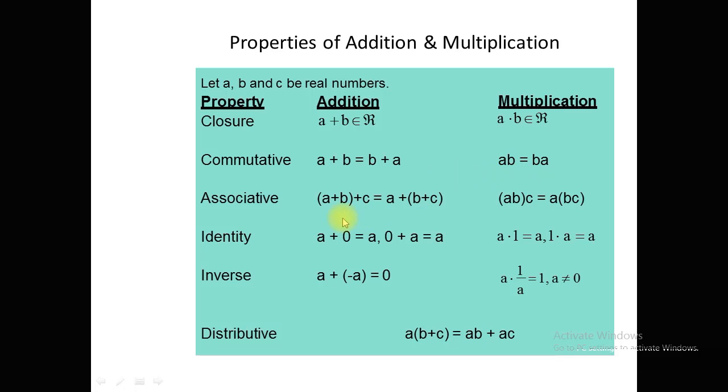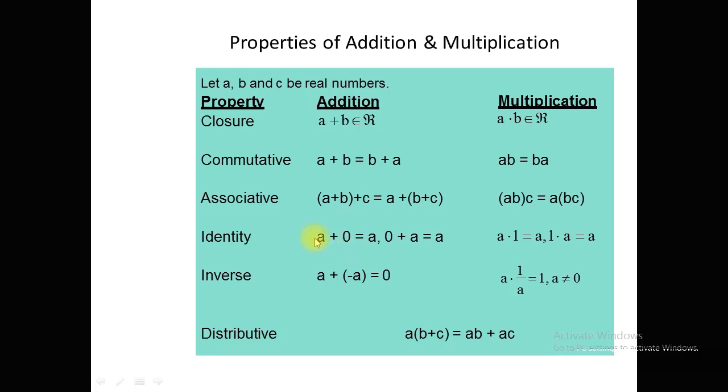Similarly, real numbers have the associative property with respect to addition and with respect to multiplication. With respect to addition, the associative property means (a plus b) plus c is equal to a plus (b plus c), and the associative property with respect to multiplication means (a into b) into c is equal to a into (b into c). And the set of real numbers has an additive identity. 0 is the additive identity in the set of real numbers.